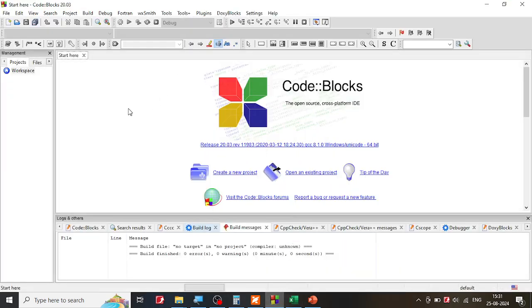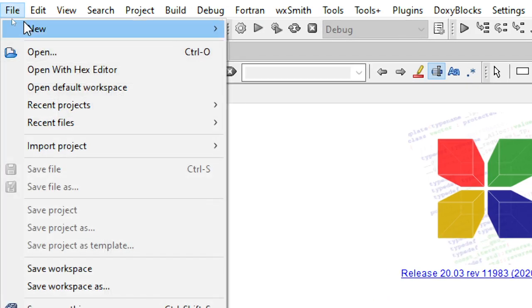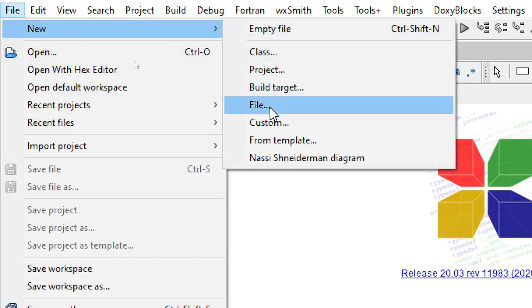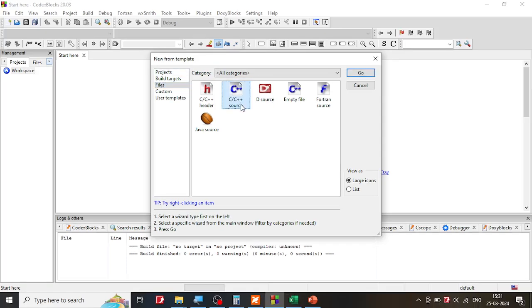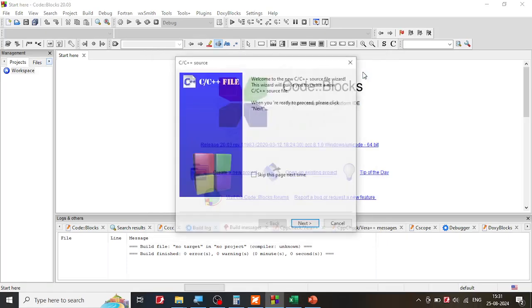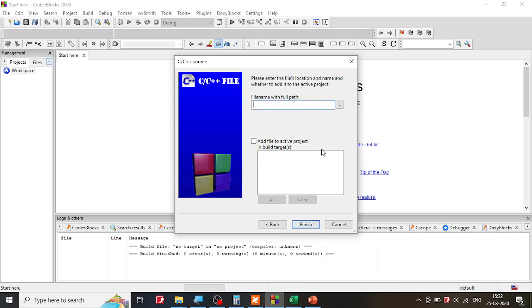So now straight away, let's go to the code block. I'm going to go to File, click on New, and select this C++ source, click Go, and the first two you can just skip. Because we are writing a C program, we will just use this, and your teacher would have told you where to save the file.